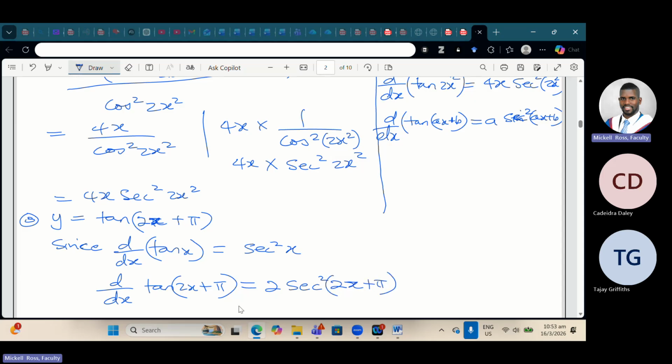That's what it will work down to all the time. Whatever the angle is, you take the derivative of the angle, and then multiply it by sec squared of the angle, which in our case is 2x plus pi.